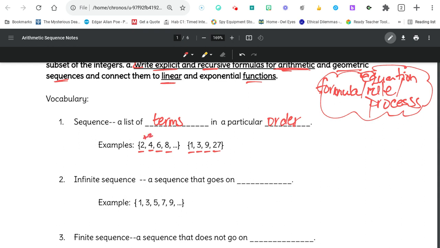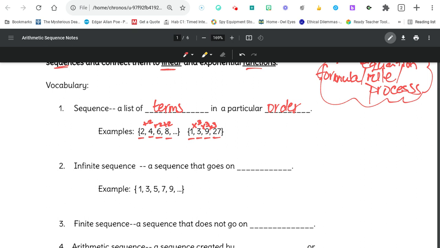Here I'm adding 2. Here I'm multiplying by 3. 1 times 3, 3 times 3 is 9, 9 times 3 is 27. But a sequence is just when you have numbers set in a particular order. We call these numbers terms.